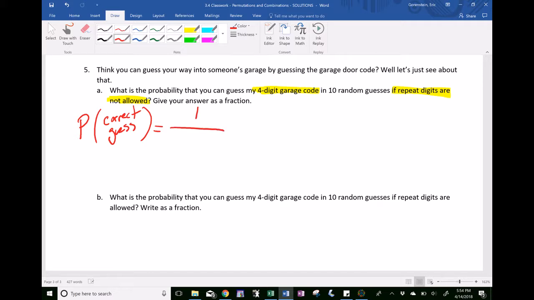And so definition of probability, the number of ways the event could happen, which is 1, divided by the total number of possible outcomes of the procedure. The procedure is picking a 4-digit number, so 4 single digits out of 10 possible digits, 0 through 9. So 10 permutation 4.